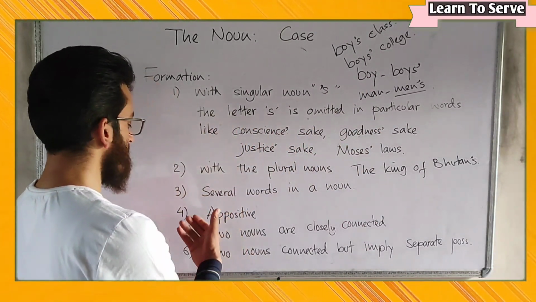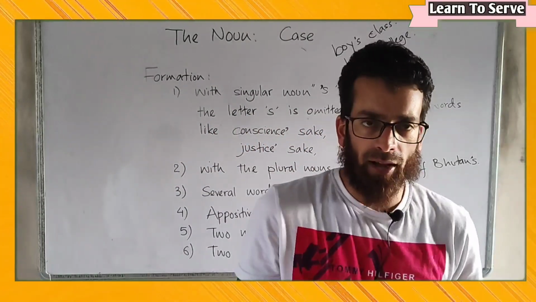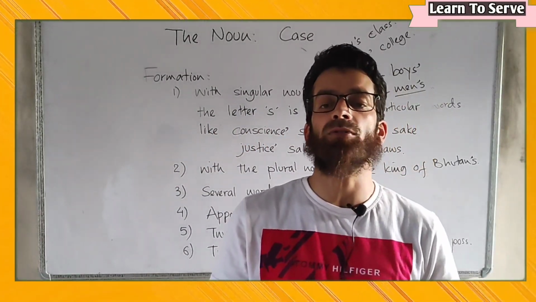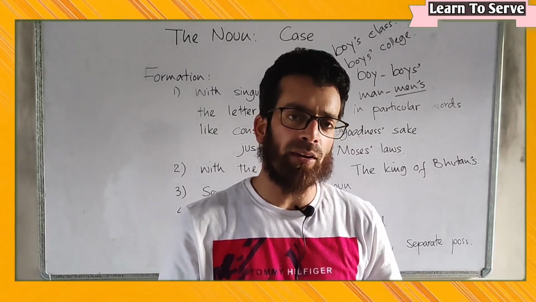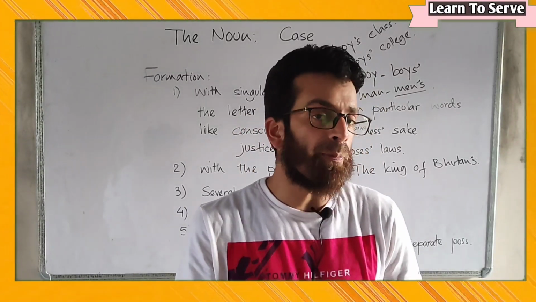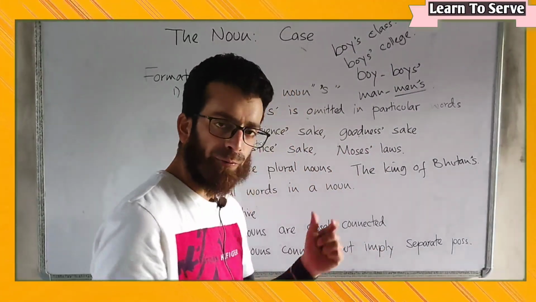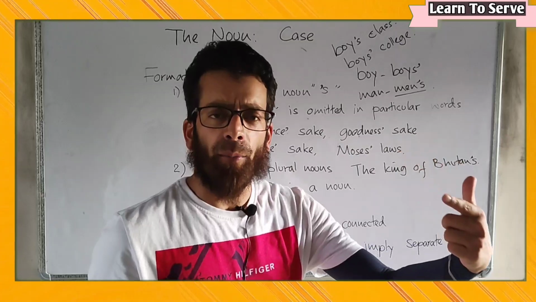Okay, let's move towards appositive. As we have already discussed nouns in opposition, if you have a noun in opposition, you have to put apostrophe s in the second part of the appositive noun.